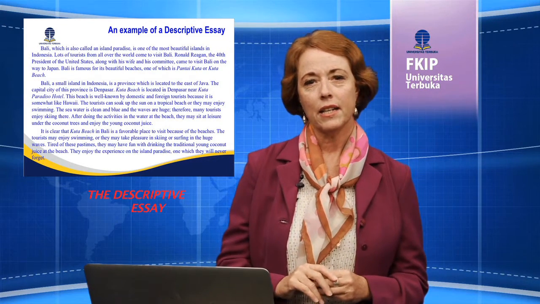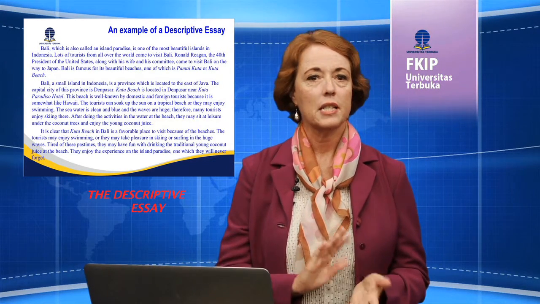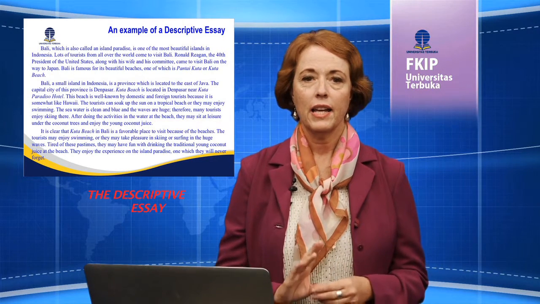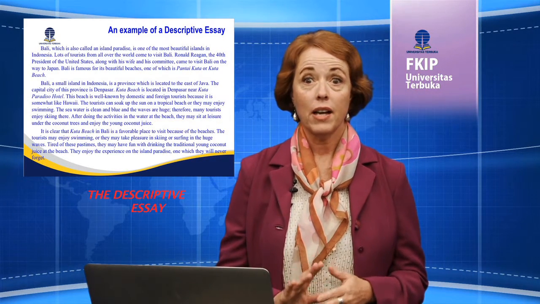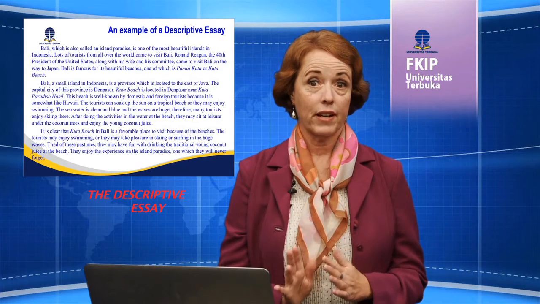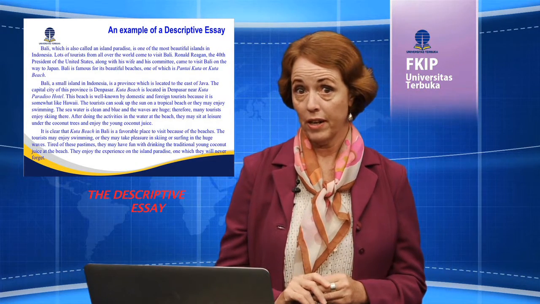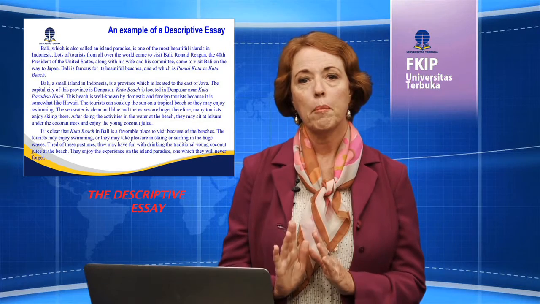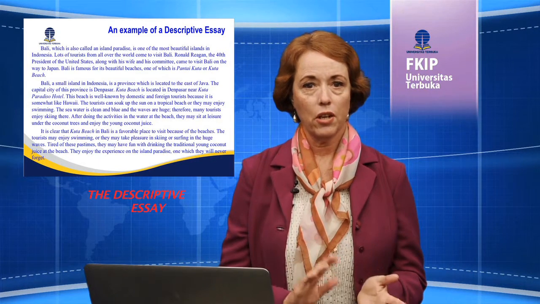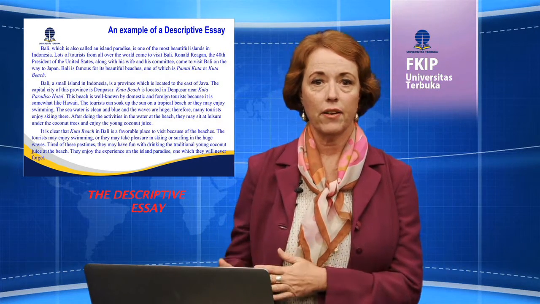Now, let's study the language points that show spatial arrangement. In the second paragraph, the writer makes use of words or phrases to show the spatial arrangement. For example, Bali is a province which is located to the east of Java.